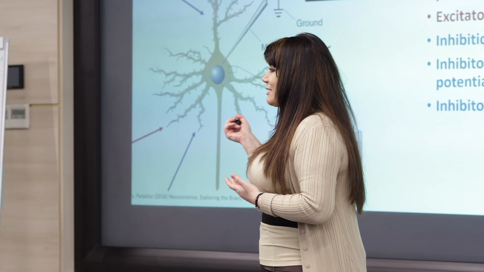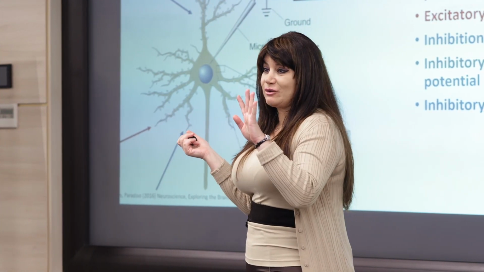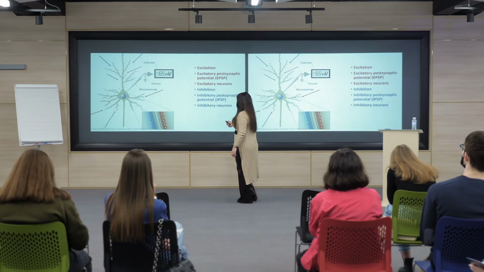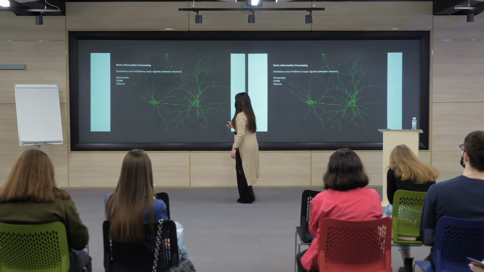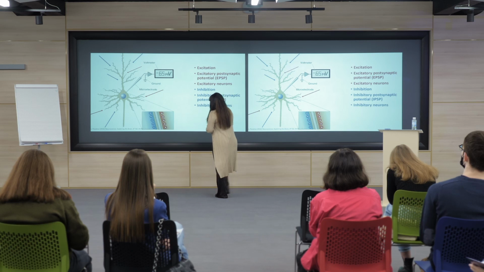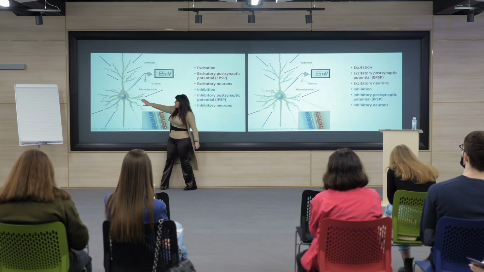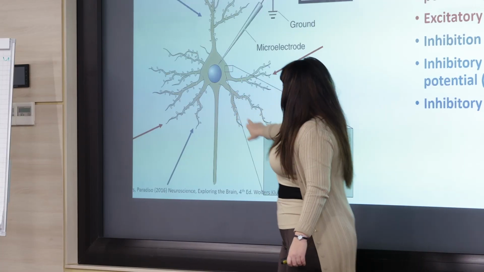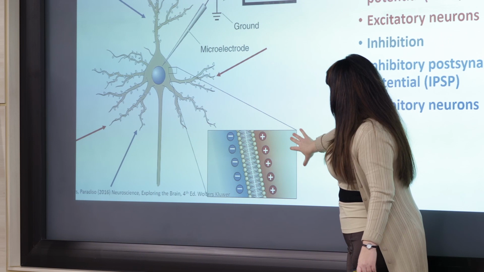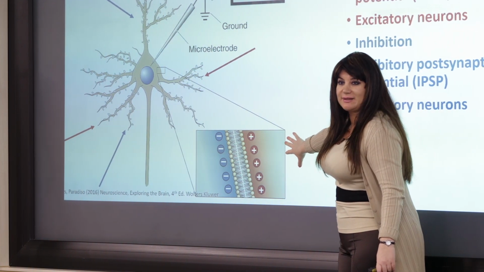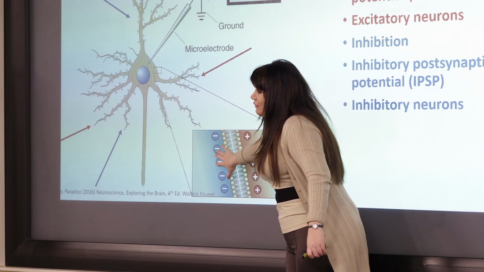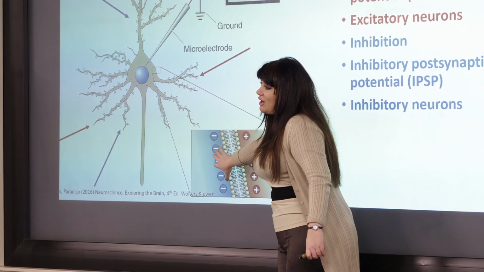And for our context, we have to focus on four ions. Actually, I will show it here. This is the cross-section of the membrane of a neuron. And here is the zoomed version of that. This is the cell membrane. And inside of the neuron, there are more negatively charged ions.